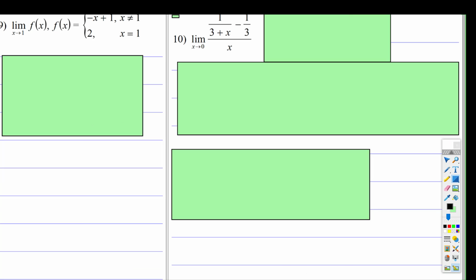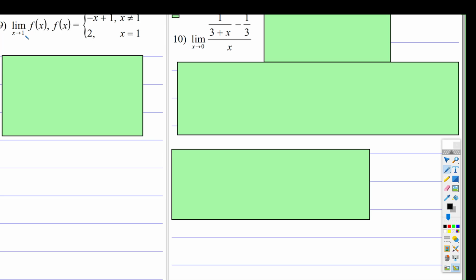Okay, so for number 9, pay really, really close attention to what I'm going to say. Notice this is a piecewise. It is not one-sided. But look at what this says: not equal and equal. So normally you'd think, okay, that's going to be discontinuity, but we don't care about discontinuity.